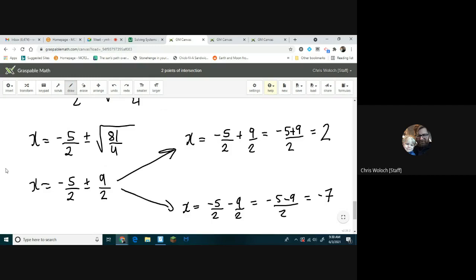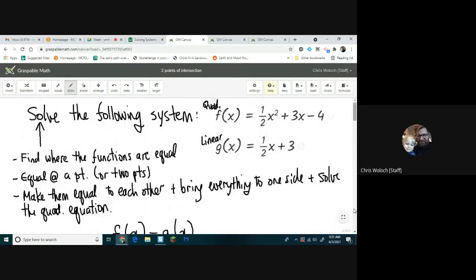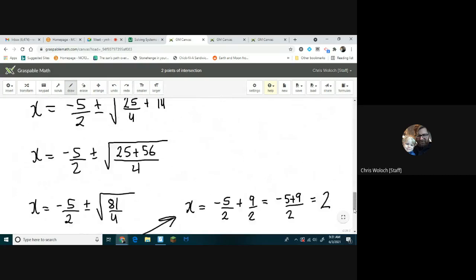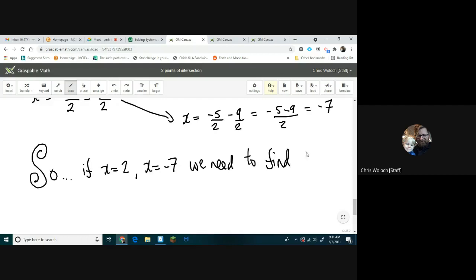So now at this step, remember when we factored and stuff, you find zeros or whatever, here we're not done because we want to solve the system. So that means we need to find the points, okay? So, right, if x equals 2 and x equals -7, we need to find the y coordinates.